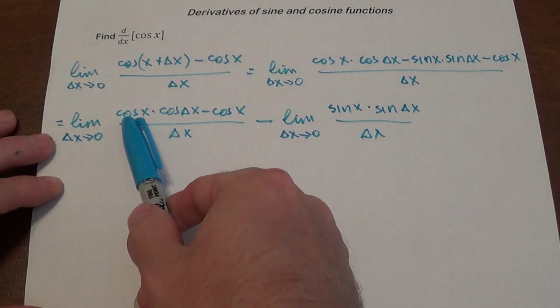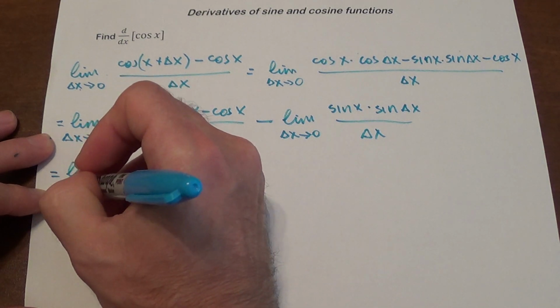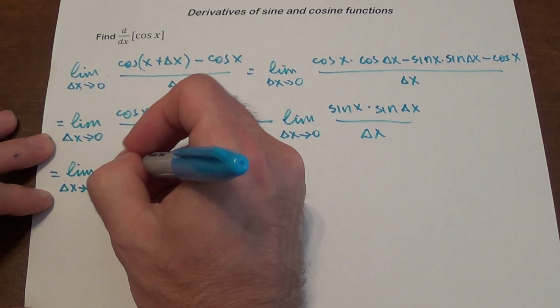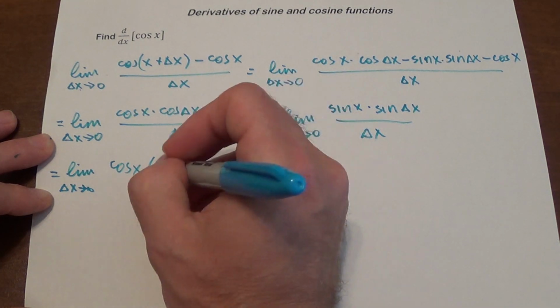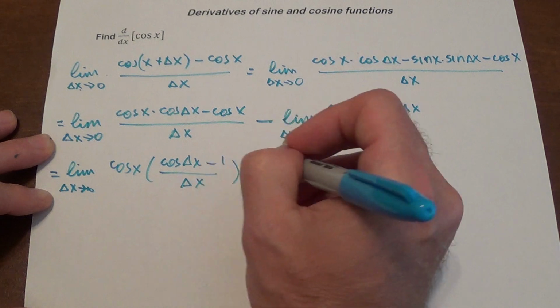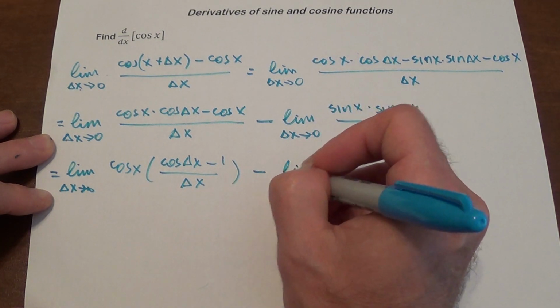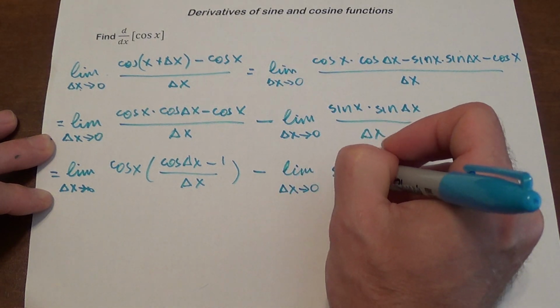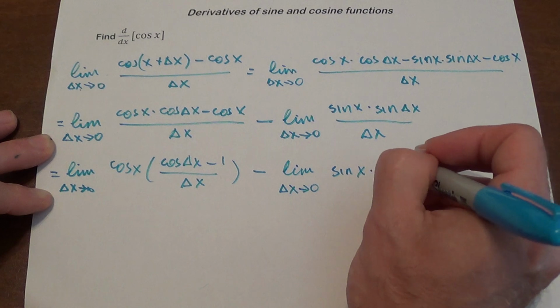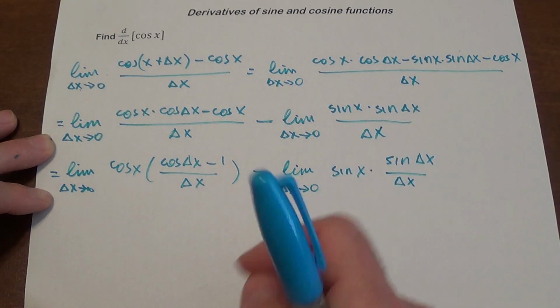We can factor out cosine x here. So it is the limit as delta x approaches 0 of cosine x times cosine delta x minus 1 over delta x, minus, and here we write it the following way: sine x times sine delta x divided by delta x.